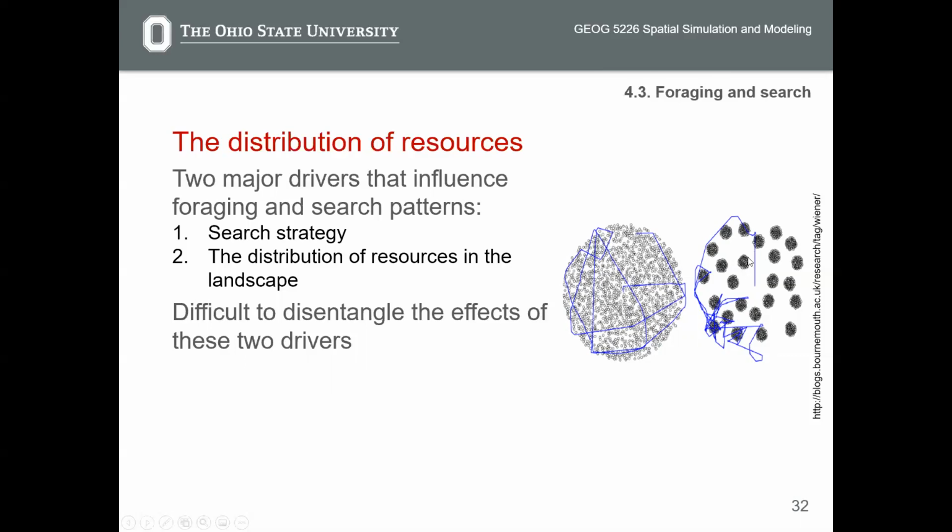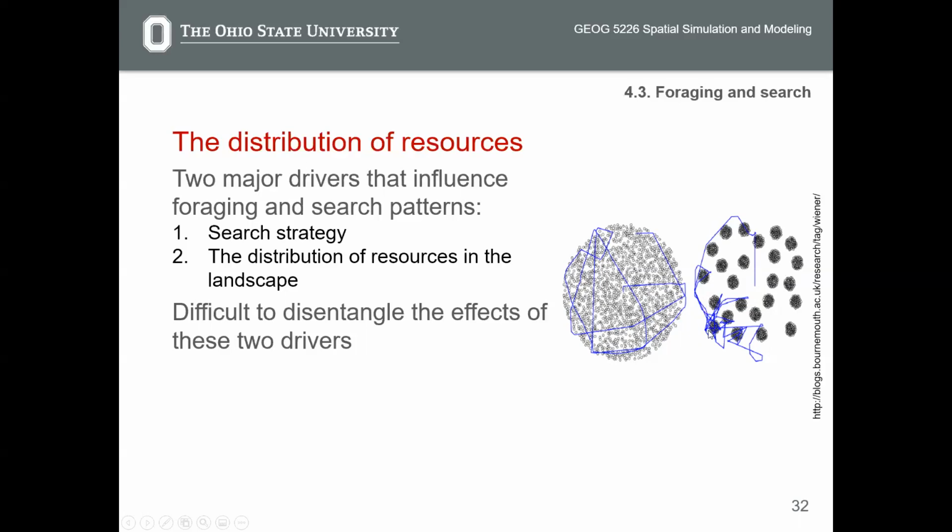Okay, the best strategy is to go to a specific place. If you find resources there, it means that there should be other locations with resources nearby, because these locations with resources are clustering within the space. You should stay at a place, collect all the resources, make a long trip to another cluster, collect all the resources, and then go to another one.